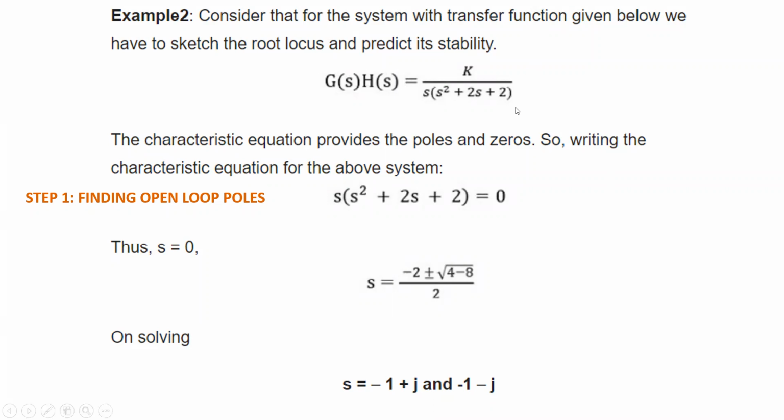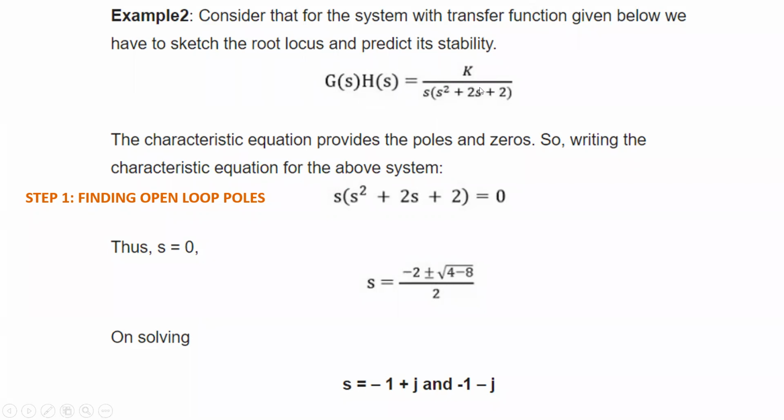In the last video, we solved a problem on plotting the root locus if the open loop transfer function equation is given. So here in this session, we'll be solving another problem in drawing the root locus for a given transfer function. So let us start our session.